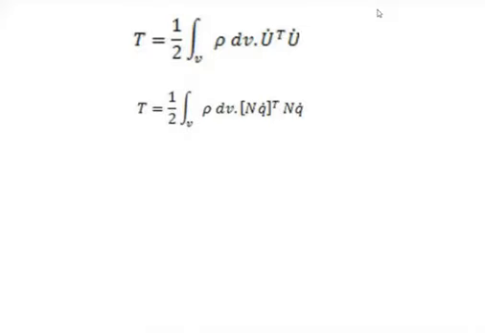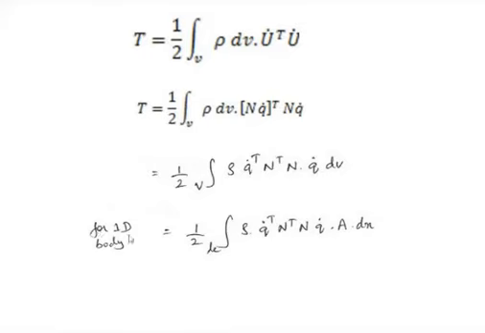So I'll just replace that in this equation. This will be half integration over the volume rho dV N q dot transpose N q dot. Now take the transpose. So it will be half integration over the volume rho, this becomes q dot transpose N transpose N q dot dV.